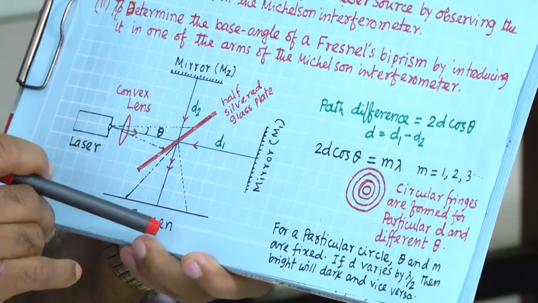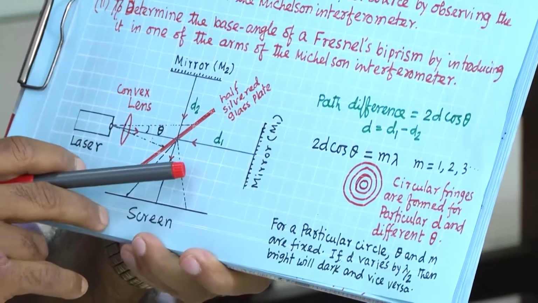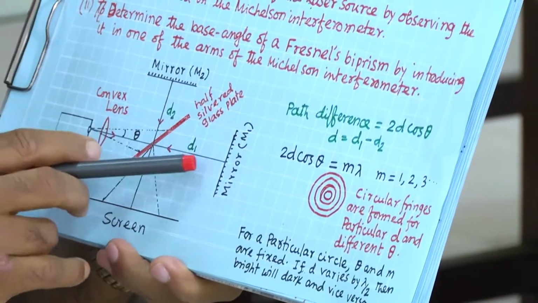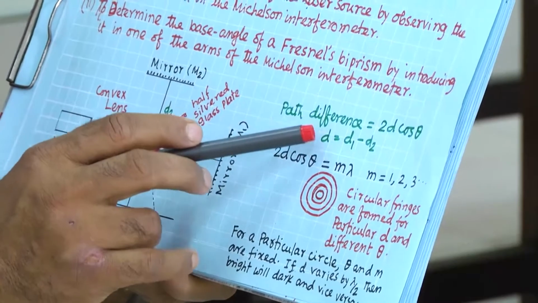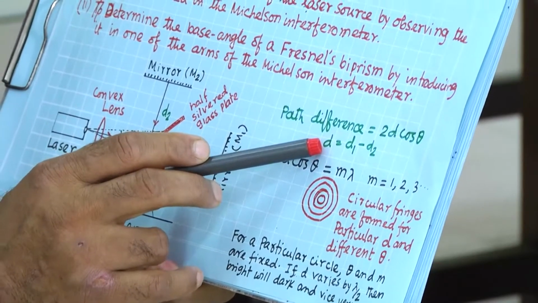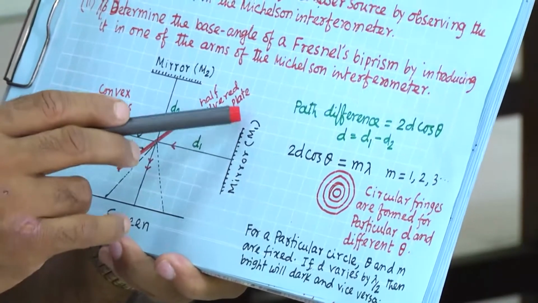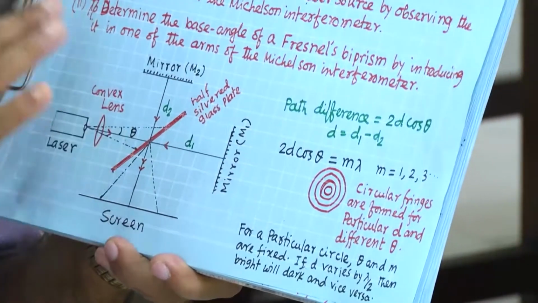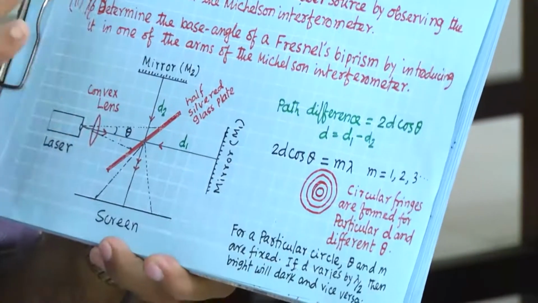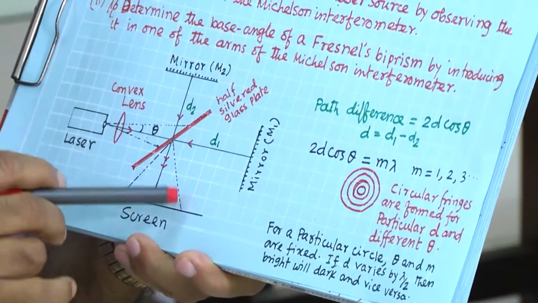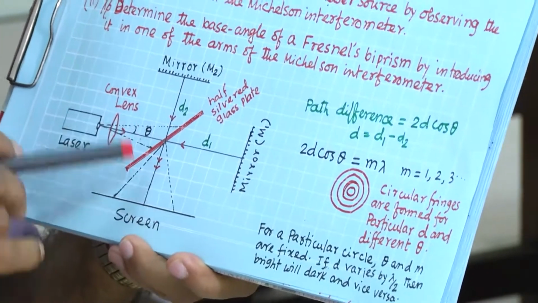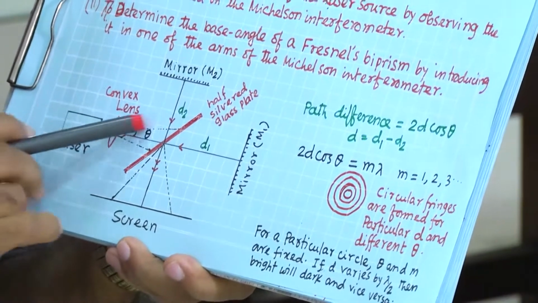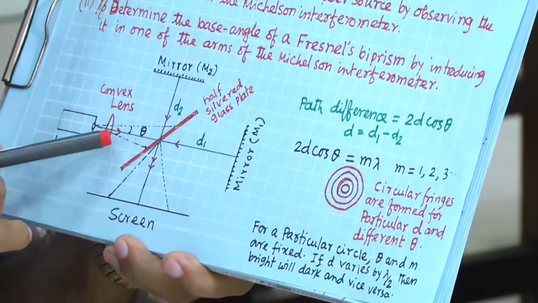In this case the thickness is constant, that is D1 minus D2, which depends on the position of this mirror. If we keep that fixed for a particular D, we will get different orders of fringe because of the different angles of inclination.